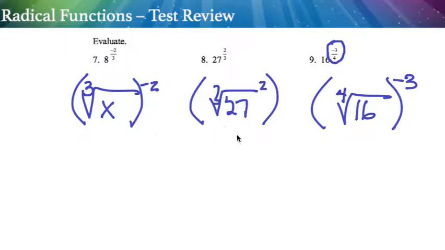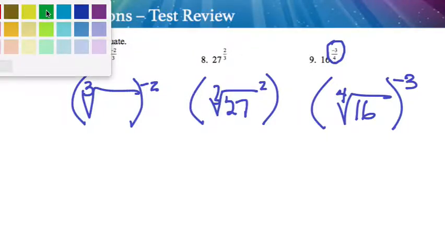So now all I have to do is go and evaluate all of these. Oops, I put an X here. That's funny. Let me go erase that really fast. There we go. Okay, so now let's evaluate them.